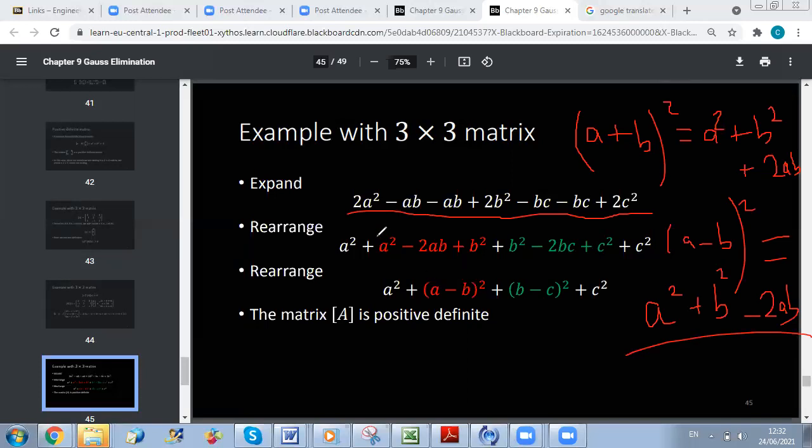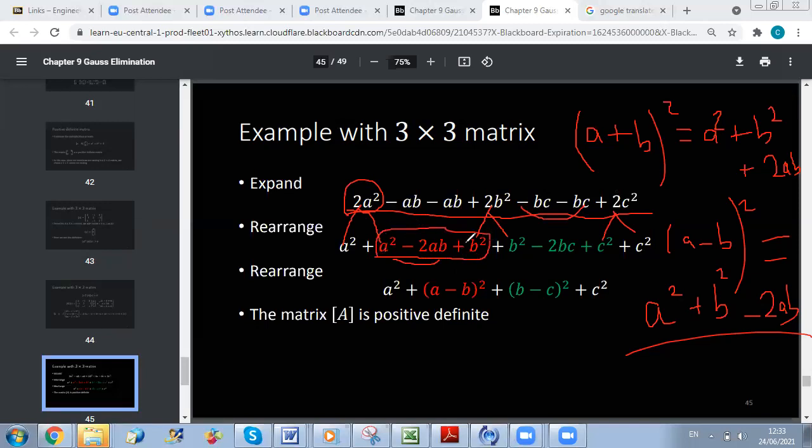Here I have 2a square, which I decomposed into a square plus a square. I have minus 2ab. 2b square, I decomposed into b square plus b square, and this is minus 2bc, and 2c square, I decomposed into c square plus c square. In this way, you can see that I have terms that can be joined together.